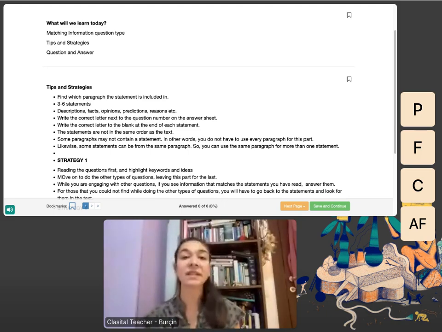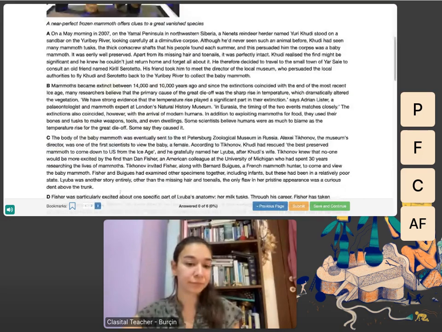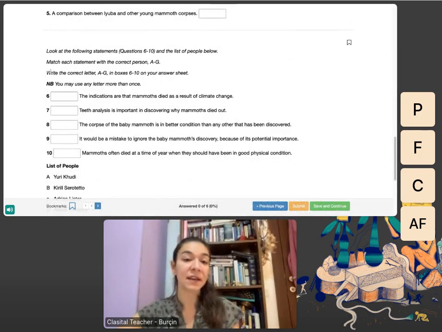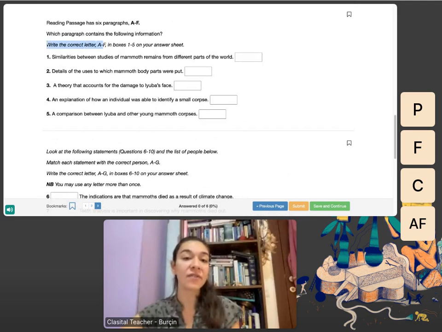In the question it will tell you, for example, you can use any letter more than once, or it will say write the correct letter A to F in boxes 1 to 5.